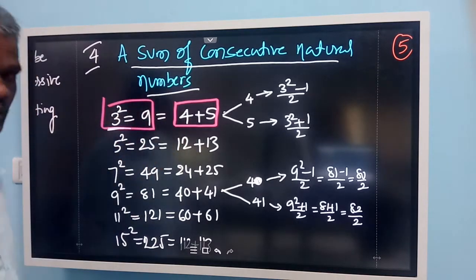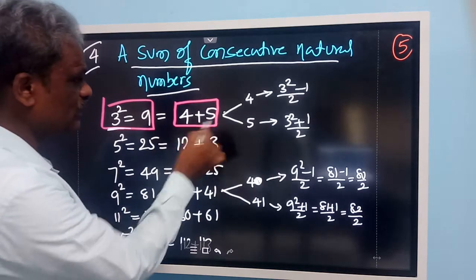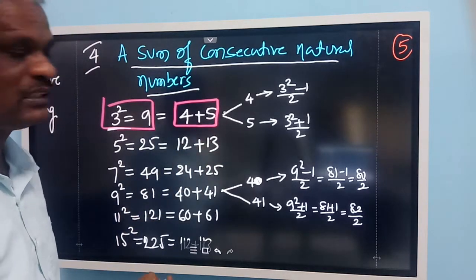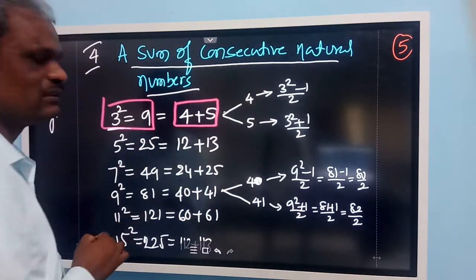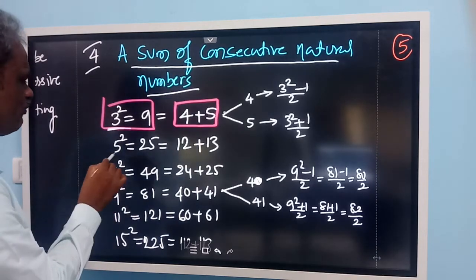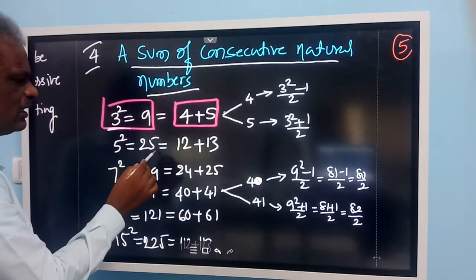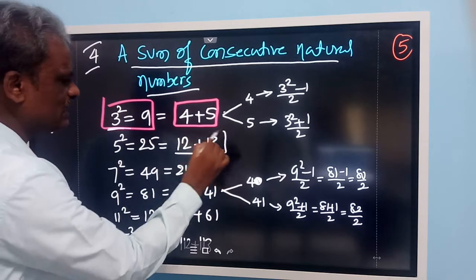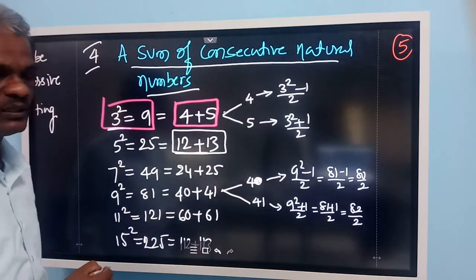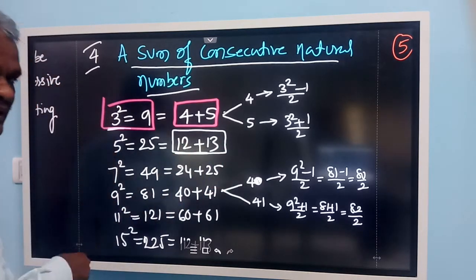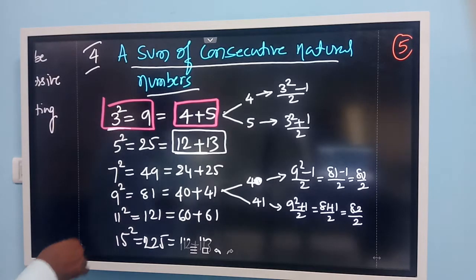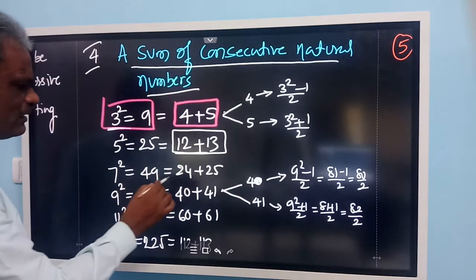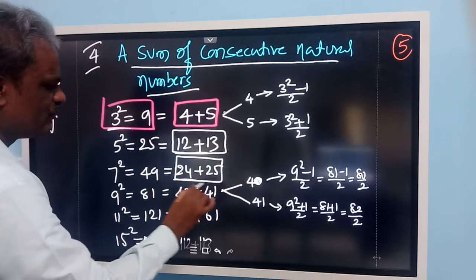You can write this as 4 plus 5. 4 and 5 are consecutive natural numbers. 4 plus 5 is 9, 3 square. Now 5 square, 25. 25 can be written as 12 plus 13. They are consecutive numbers. 7 square is 49, which is 24 plus 25. I am taking odd numbers only.